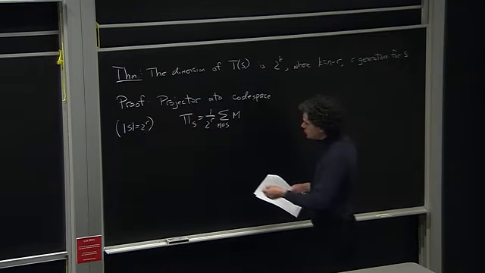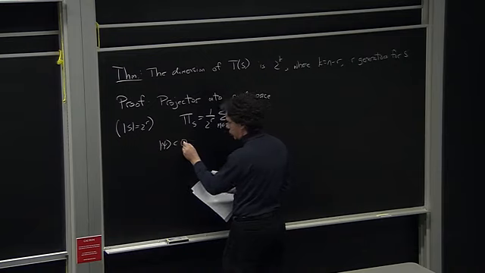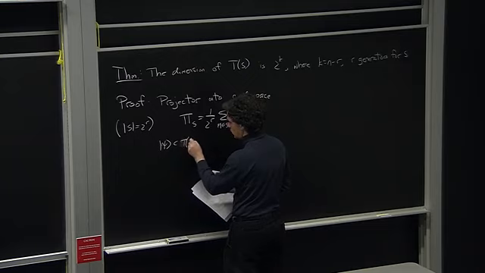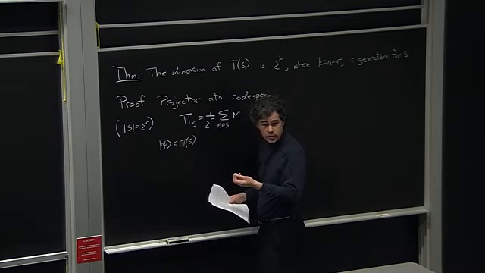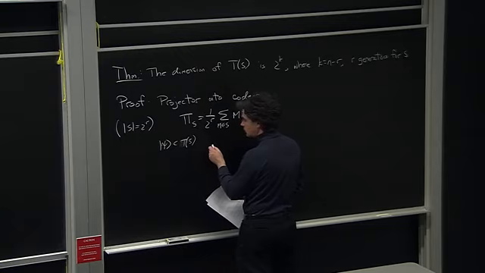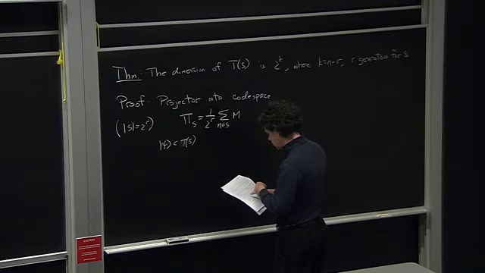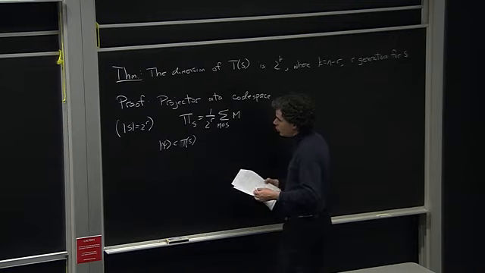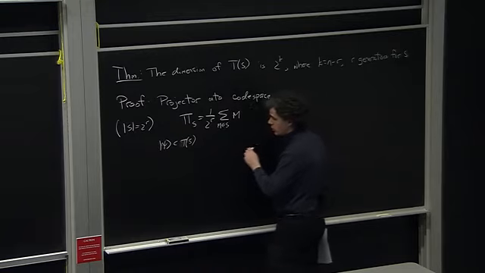Well, suppose you have psi in the code. I'm defining it the other way. And I apply this projector to it. I should get the same thing again, right? So let's do that. Suppose psi is in the code, and I apply the projector.